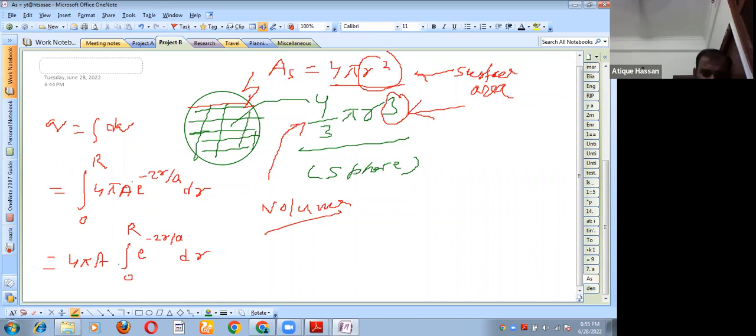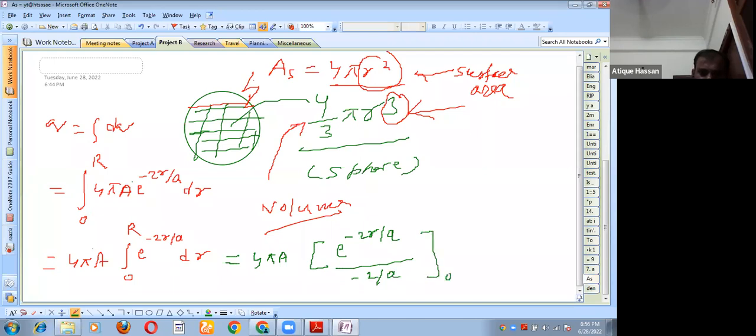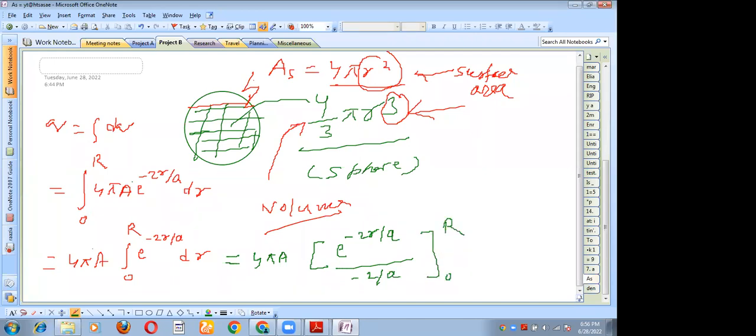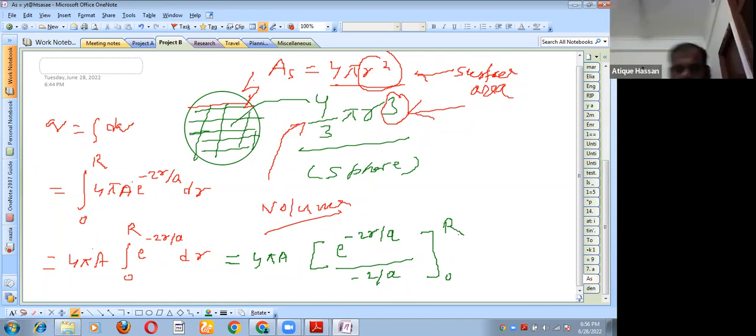So here minus 2 by a is the constant. The value will be 4 pi a, and the integration will be e to the power minus 2r by a divided by the constant. Getting my point? Yes, sir. So 0 to r is actually the limit.